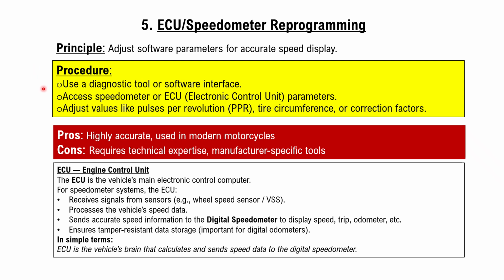Its procedure is: use a diagnostic tool or software interface, access the speedometer or ECU, that is, electronic control unit, parameters, and adjust values like pulses per revolution, PPR, tire circumference, or correction factors.